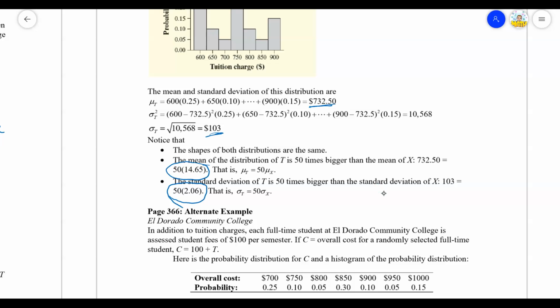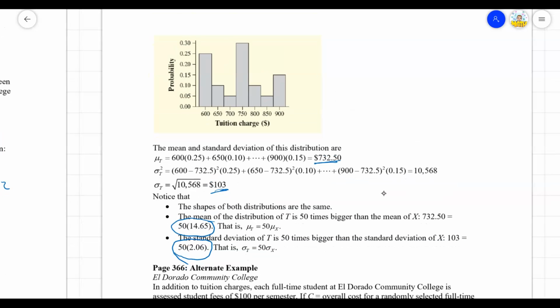And what we notice here in this first example is if we multiply every variable in our distribution by a constant, in this case by 50, then that's also going to multiply the mean by 50, and it's also going to multiply the standard deviation by 50. So measures of center and measures of spread are both affected by multiplying by a constant. They would just be multiplied by that constant.